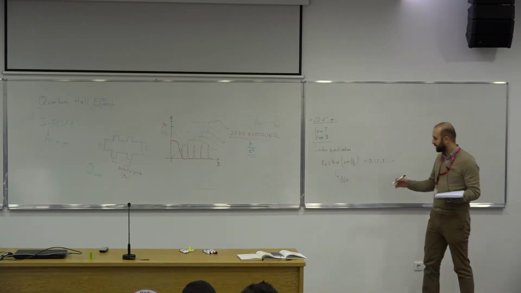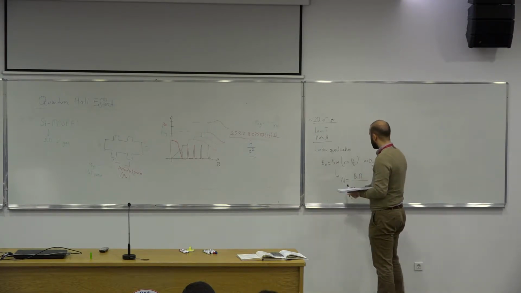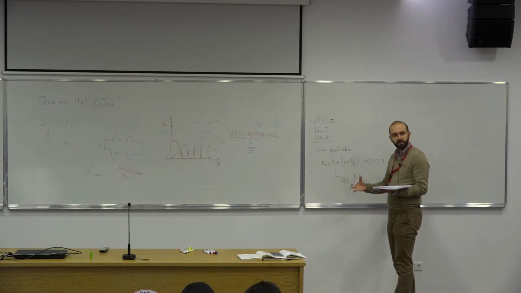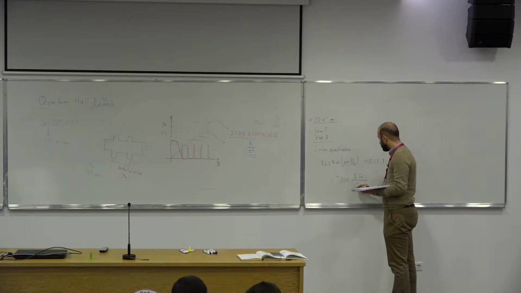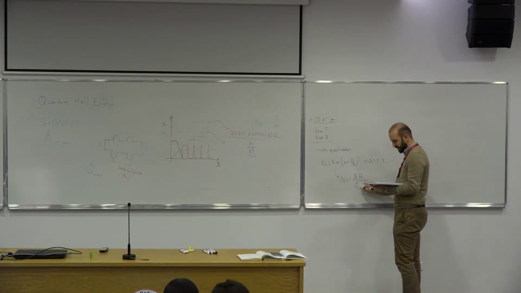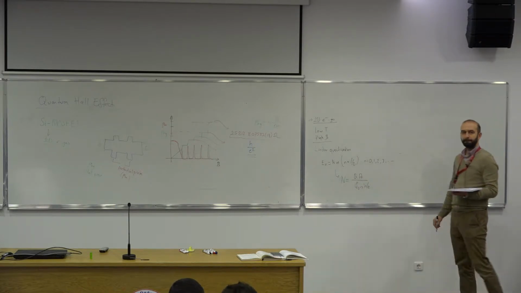If you remember, they're degenerate states, and the number of states is given by the total flux that goes through the device divided by the flux quantum, which is given by h over e.